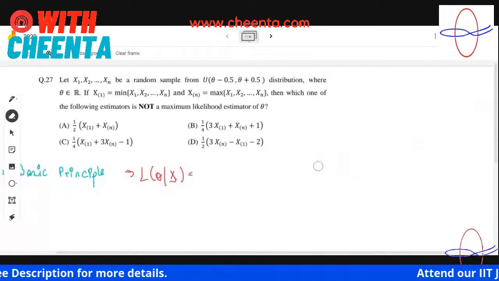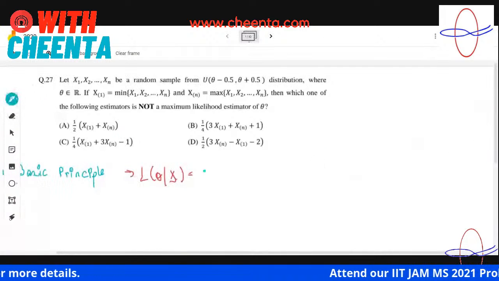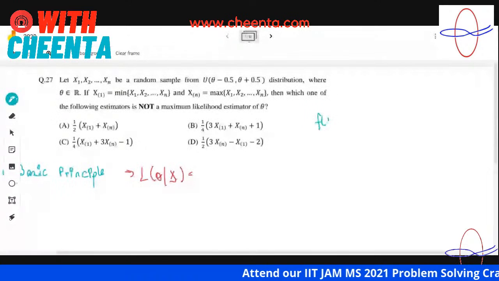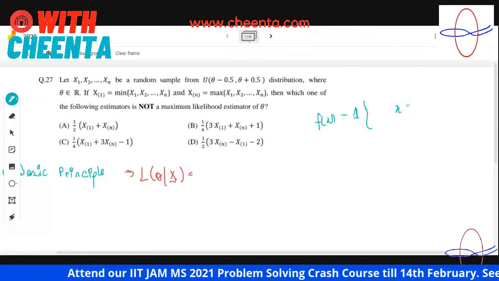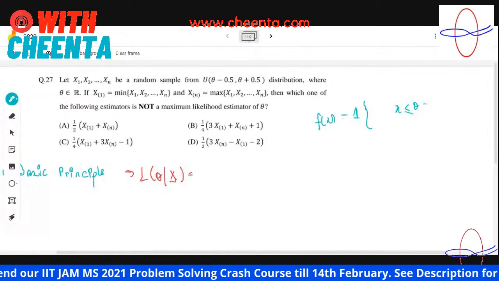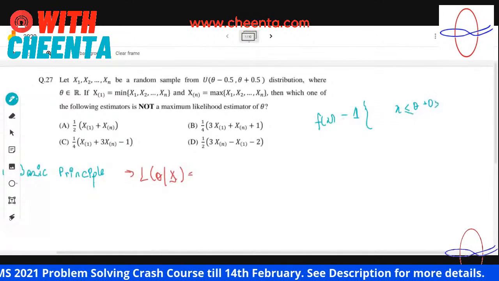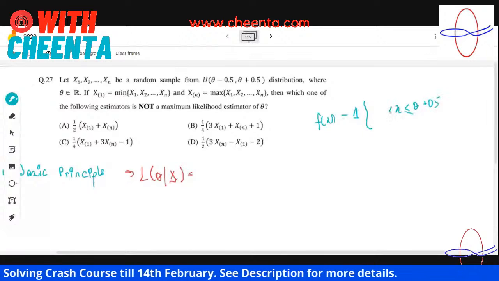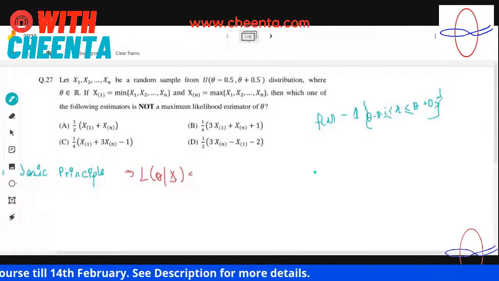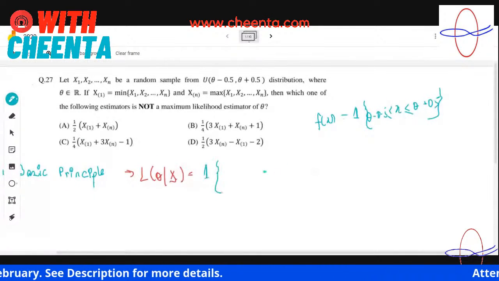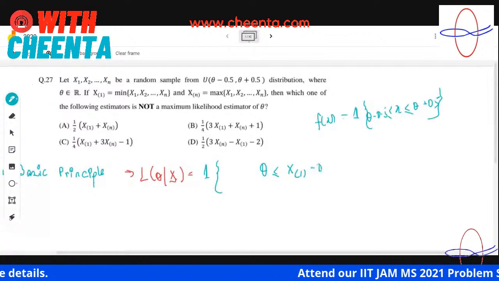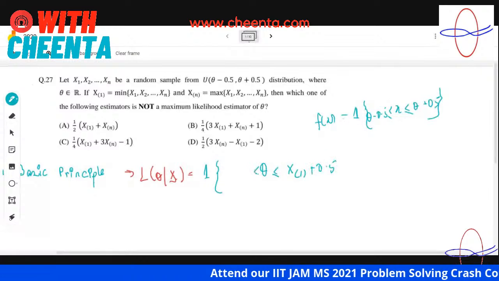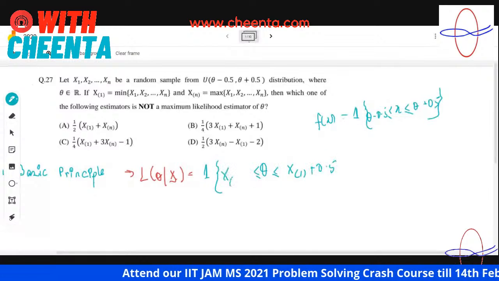It's an indicator: f of x is the indicator that x is less than or equal to theta plus 0.5 and greater than or equal to theta minus 0.5. Now here it is the indicator that theta is less than or equal to x1 plus 0.5 and greater than or equal to xn minus 0.5.